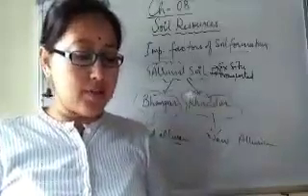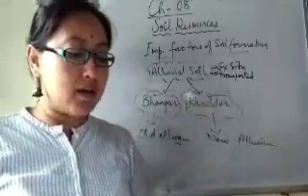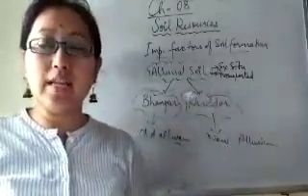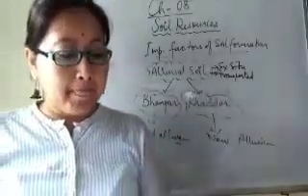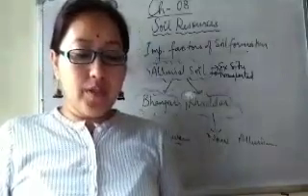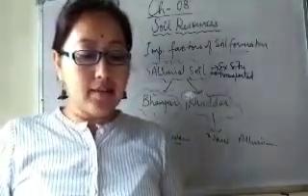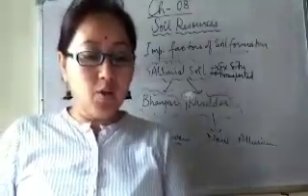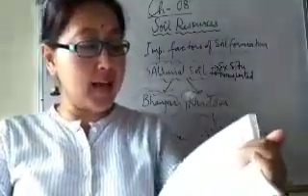Now here it's given regions of alluvial soil. The widest occurrence of the alluvial soil is found in the Indo-Gangetic plain, starting from Punjab in the west to Bengal and Assam in the east. They also occur in the deltas of the Mahanadi, Godavari, Krishna and Kaveri. You see the green patch here.